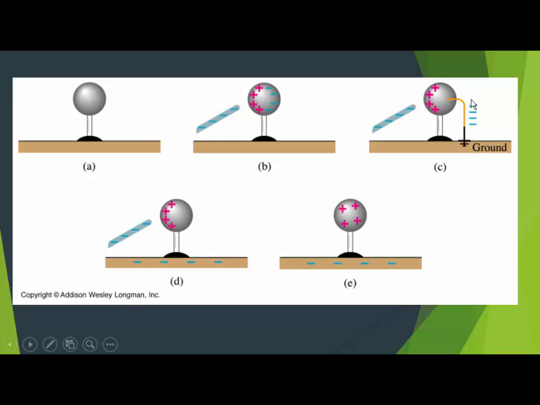So connect to the ground, the charges flow into the ground, remove the ground, and then what I have, essentially, is a positively charged piece of metal. And here, on the last slide, I can remove my negatively charged rod, and then I have a positively charged piece of metal, and these extra electrons are in the ground, where they don't contribute really any overall charge to anything, because the ground is so large.